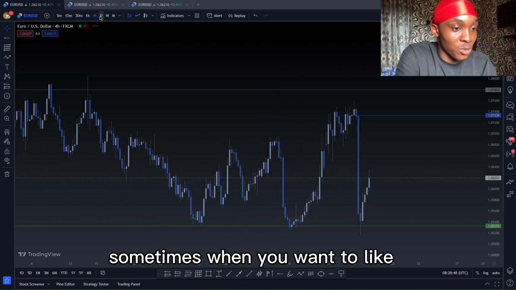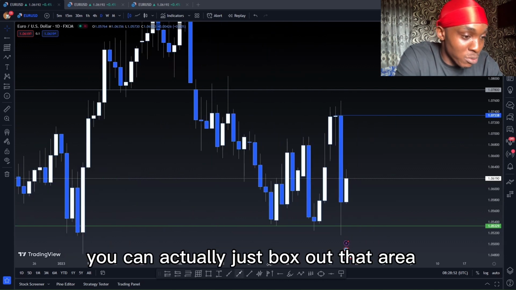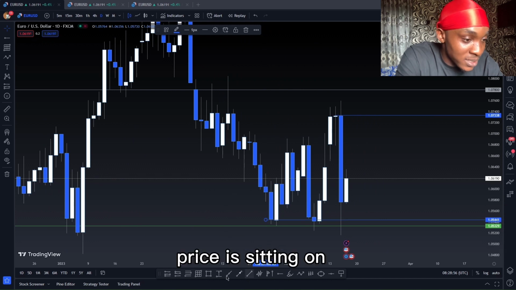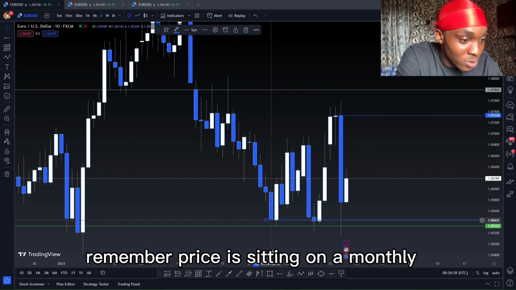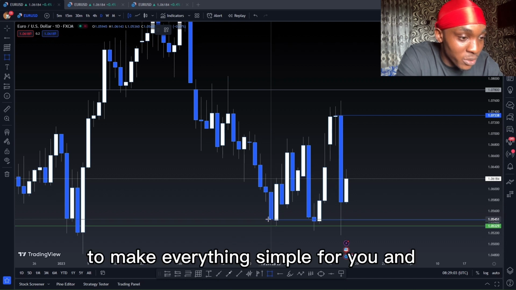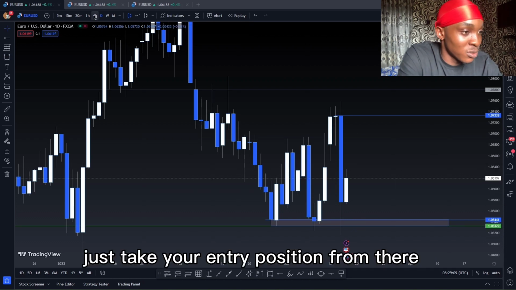Sometimes when you want to make everything simple for you, you can just box out that area, like here. Now price is sitting on a monthly and a weekly level, so you can plot out this area to make everything simple for you, and you just take your trade position from there.